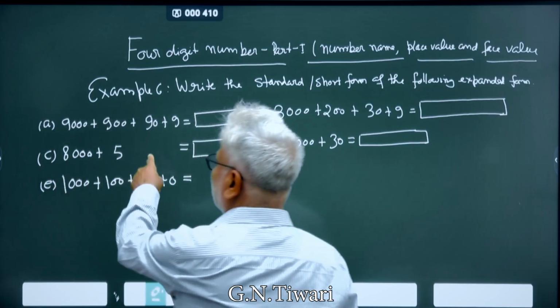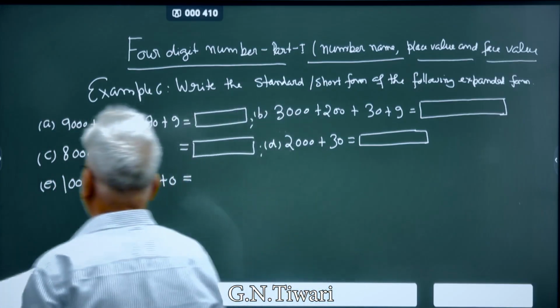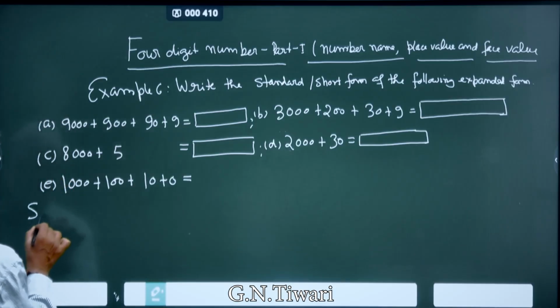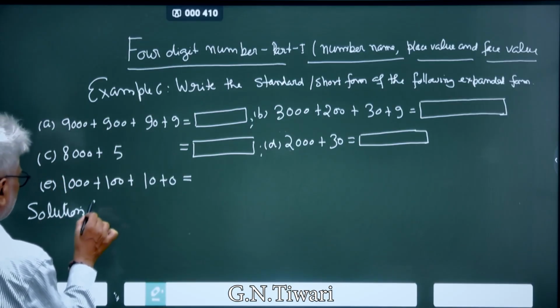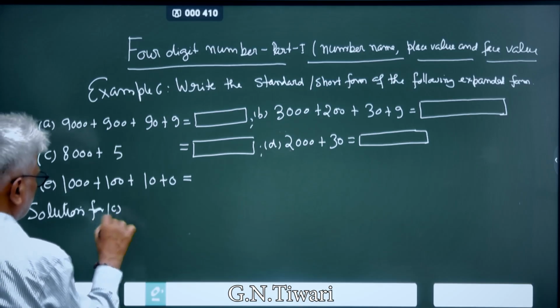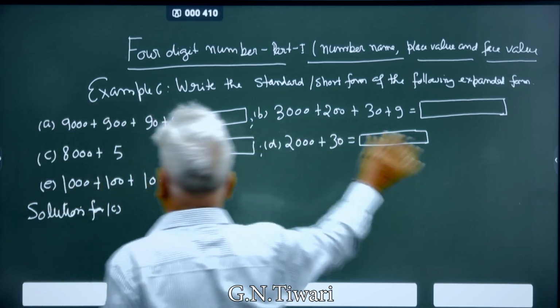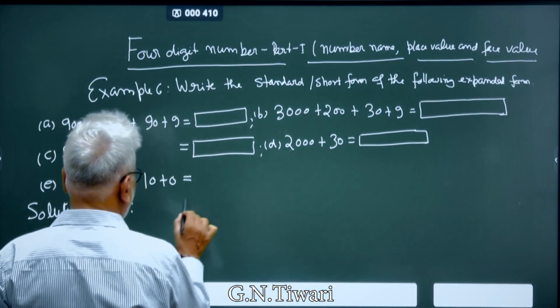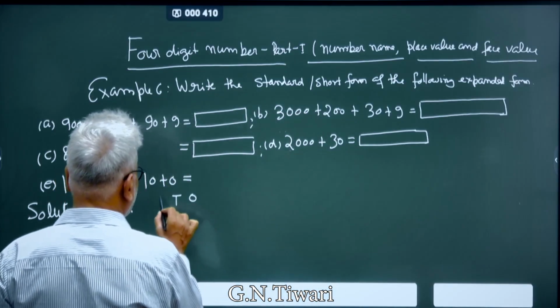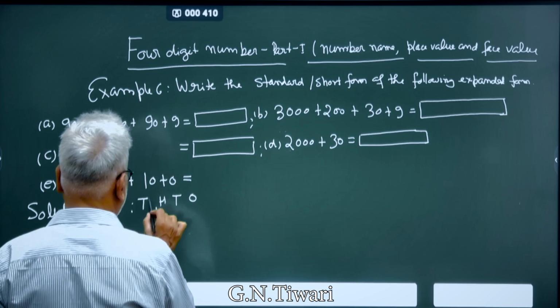I will only do for C because it is a complex one. Solution for C. Now we know that it is a 4-digit number. So for that, you write O, T, H, Th.